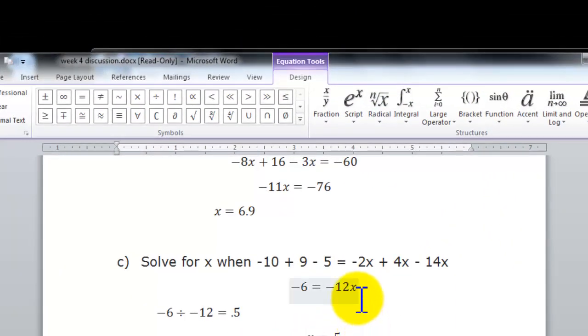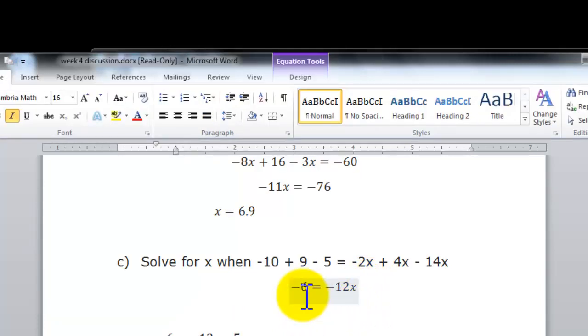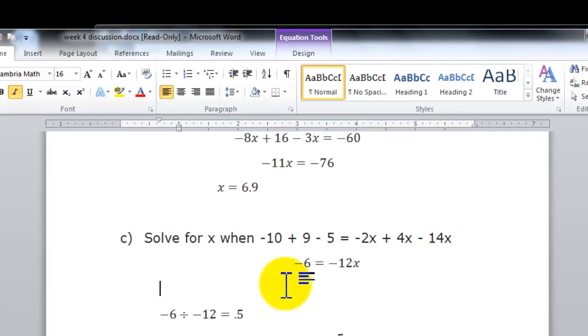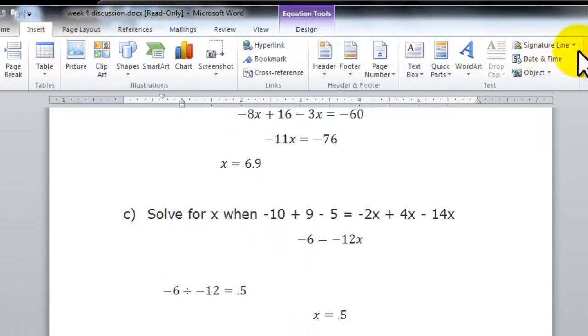For example, on this step, if you need to divide both sides by -12 for your next step, instead of doing this here, you can insert the equation.